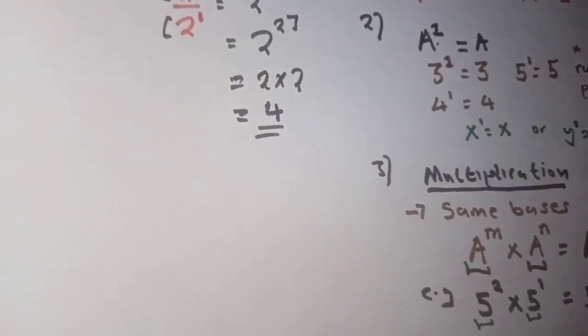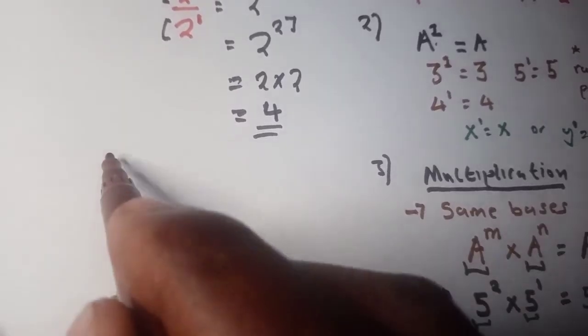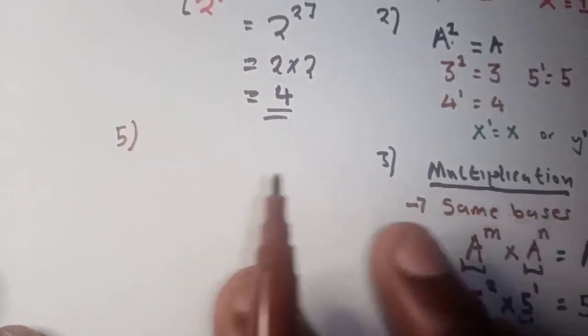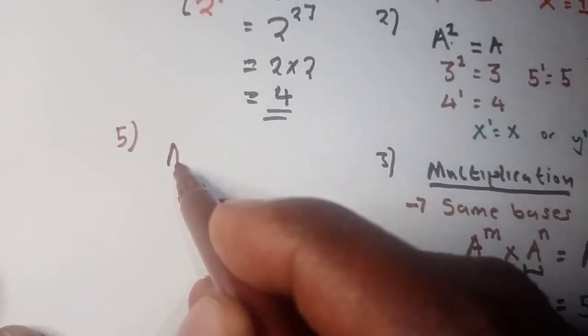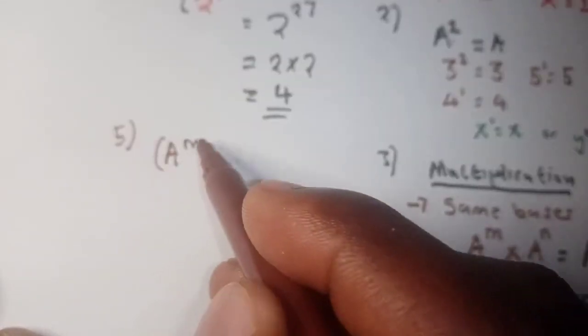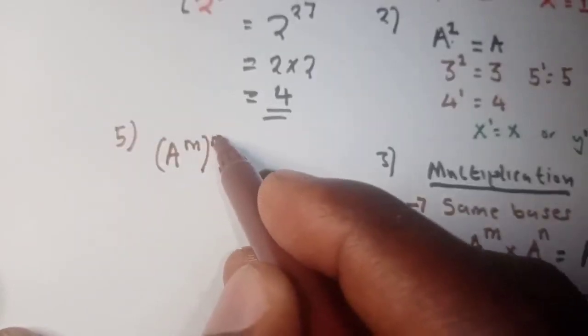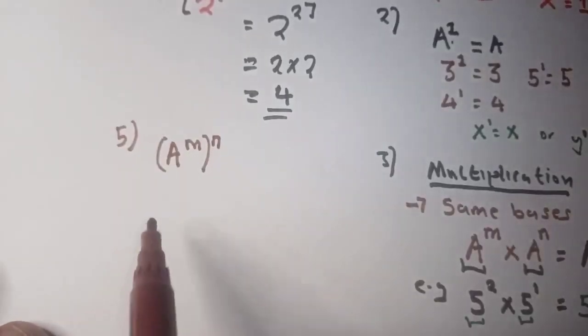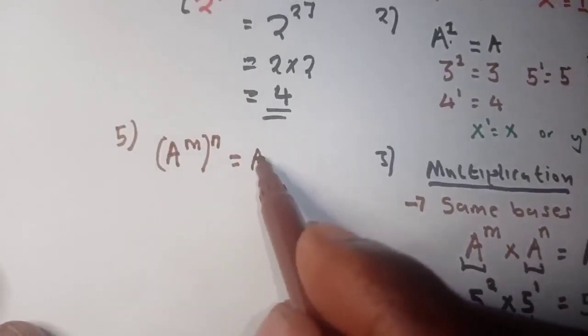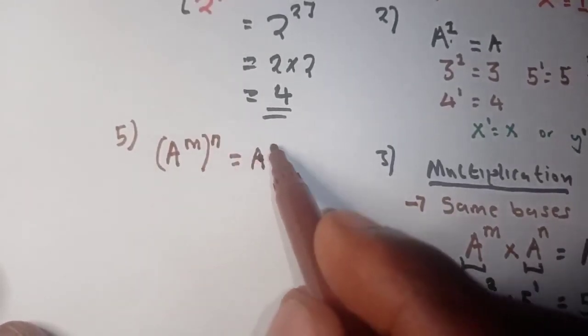Now you have another rule, rule number 5. When you are given a base raised to a power m, then in brackets you have another power, how do you handle such? You get the base and then you multiply the powers.